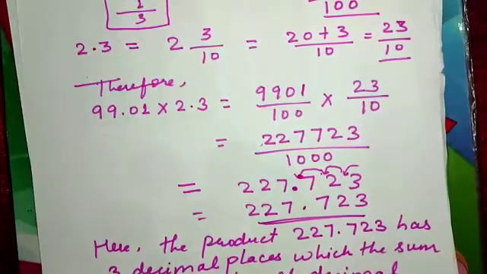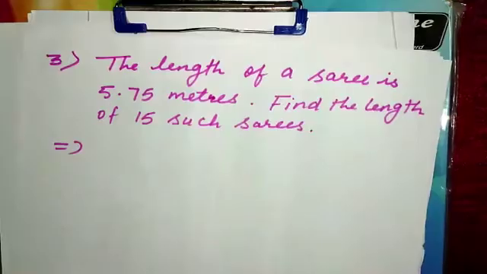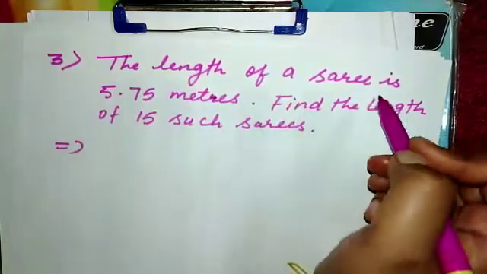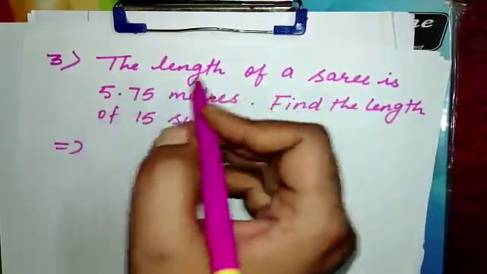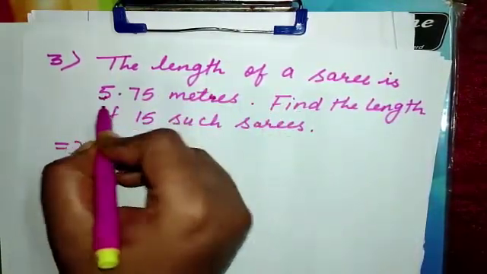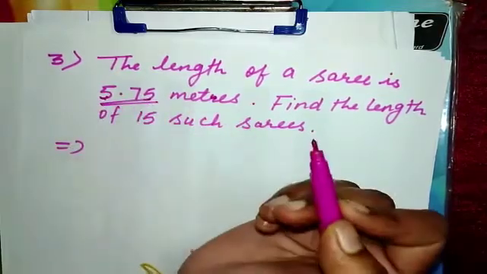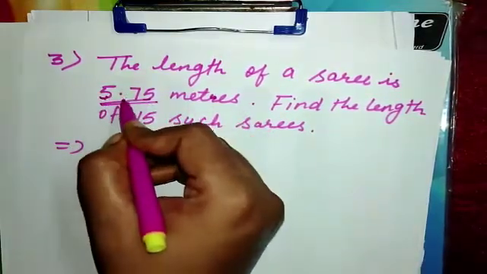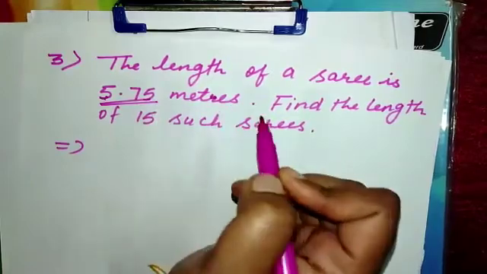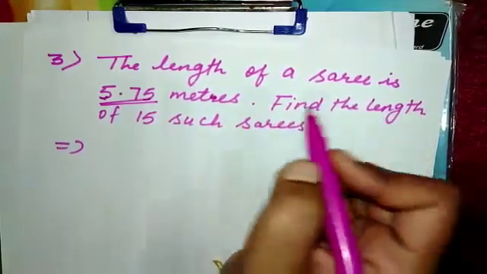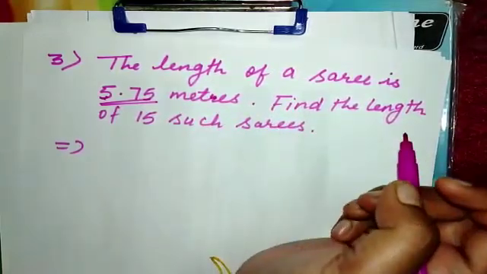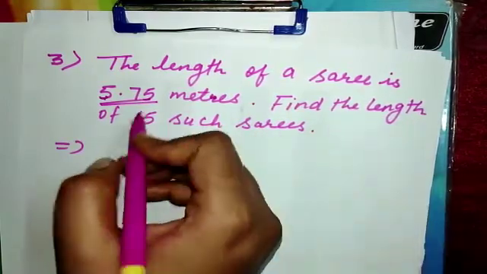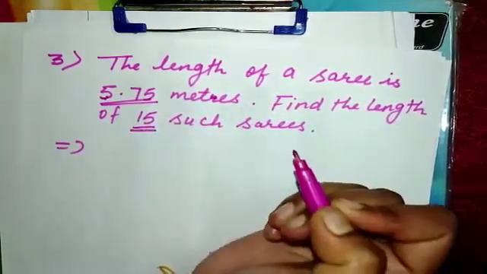Now we will take one word problem. So in the third example we will take one word problem. Your question is that the length of a sari is 5.75 meter. Find the length of 15 such saris.